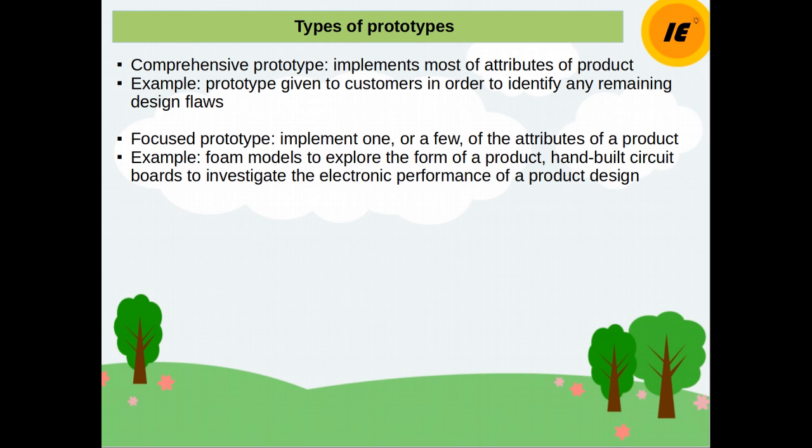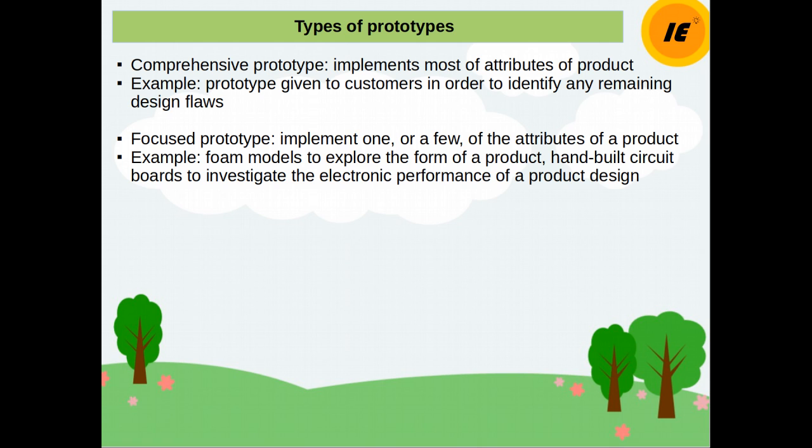The second dimension is the degree to which a prototype is comprehensive as opposed to focused. Comprehensive prototypes implement most, if not all, of the attributes of the product. An example of a comprehensive prototype is one given to customers in order to identify any remaining design flaws before committing to production. In contrast, focused prototypes implement one or a few of the attributes of a product.